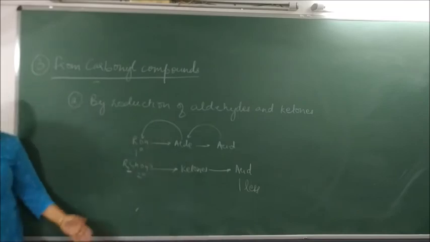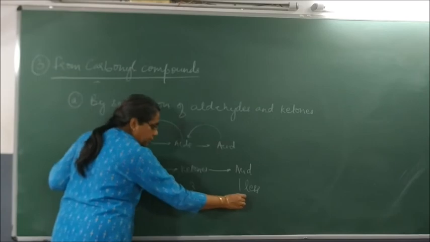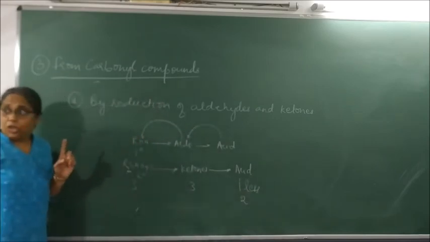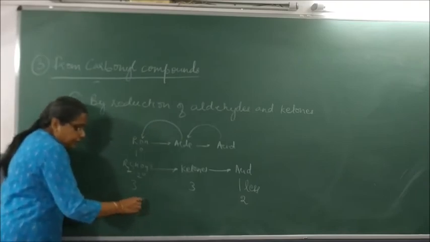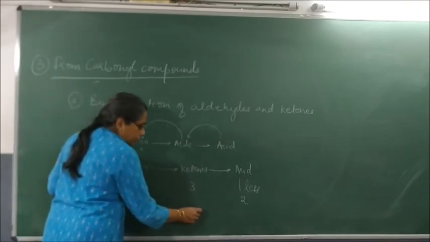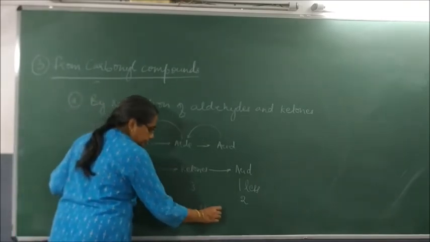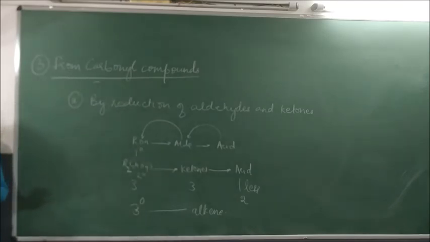If I have 3 carbon atoms, I will get a ketone with 3 carbon atoms, but an acid with 2 carbon atoms. Tertiary alcohols are difficult to oxidize, but on oxidation they end up giving an alkene. Its logic should be clear, particularly with CBSE and state board students, because a lot of times questions are asked based on this logic.